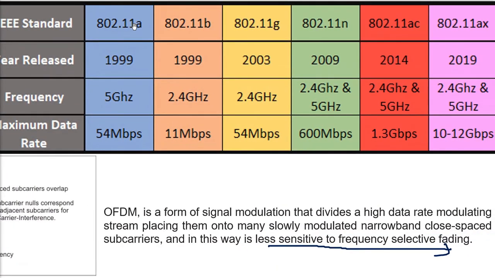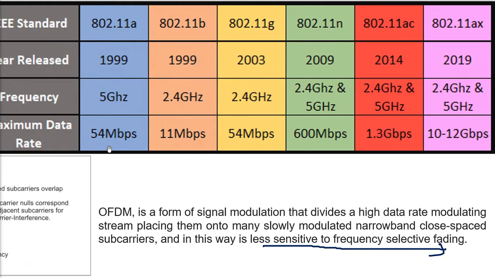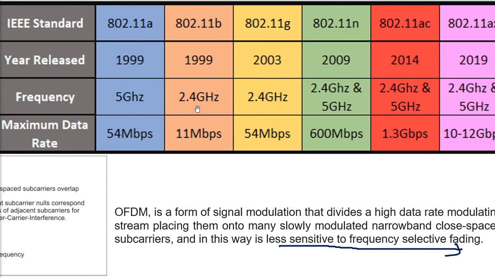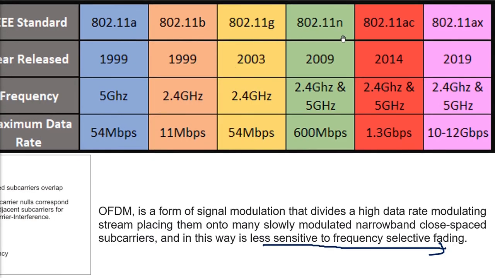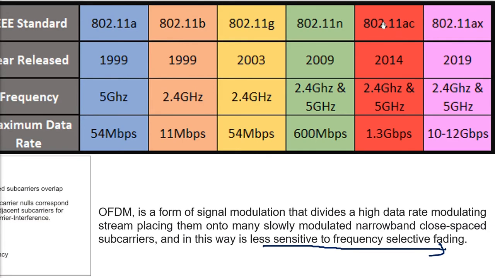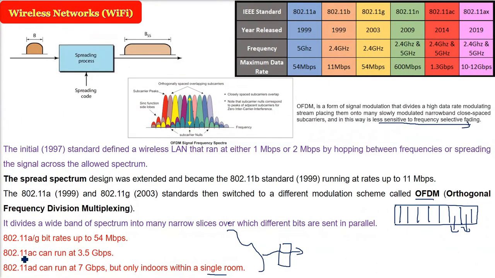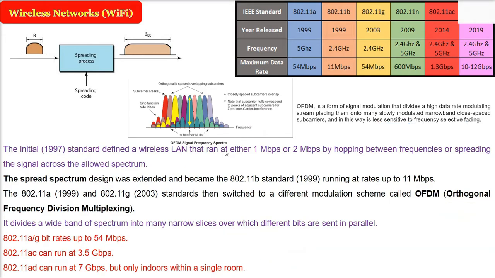Here you see the IEEE standards: 802.11a at 54 Mbps and 11b at 11 Mbps. These are the data rates. G is 54 Mbps, and 600 Mbps, AC 1.3 Gbps, and then we have AX at 10 to 12 Gbps. And you mark the frequency range, 2.4 gigahertz until 5 gigahertz.